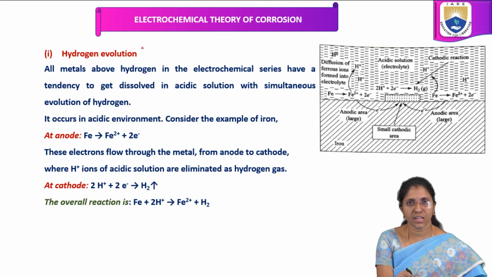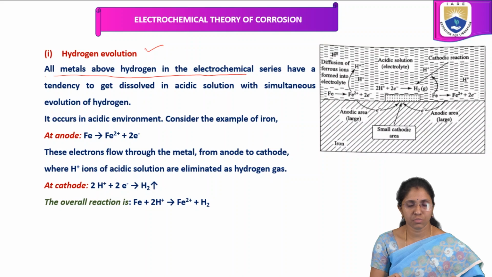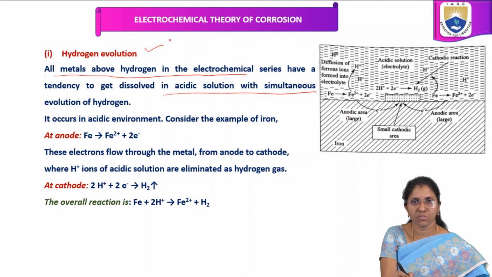The first one is hydrogen evolution. For this, all the metals above hydrogen in the electrochemical series have a tendency to dissolve in acidic solution with simultaneous evolution of hydrogen. So this type of corrosion takes place in acidic conditions, in an acidic conducting medium.